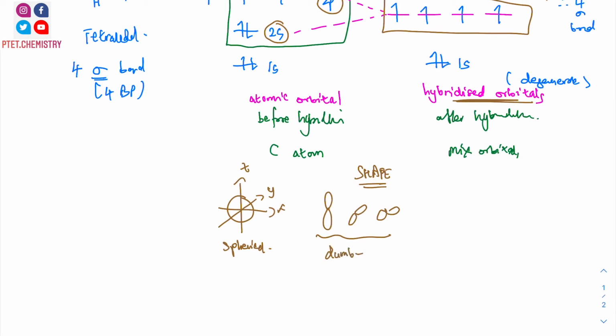These are dumbbell. When you have 1 times 2s and 3 times 2p, when you mix them together, 1 orbital plus 3 orbitals, they mix together to give you 4 hybrid orbitals. Because you mix 1 of the s, you mix 3 of the p, you get sp3.